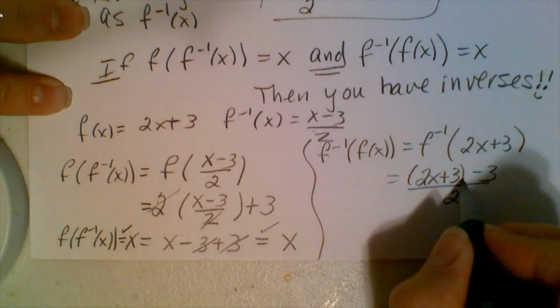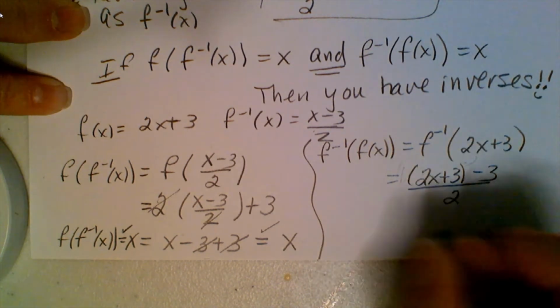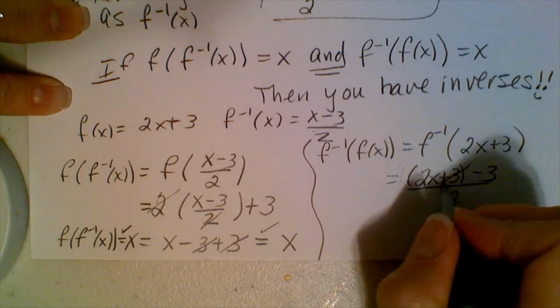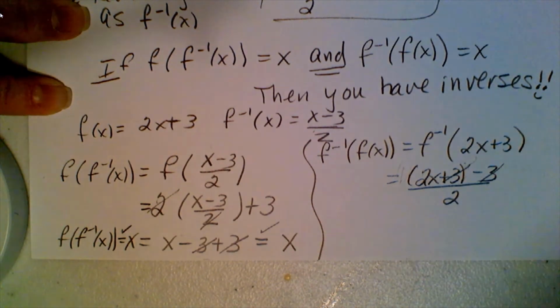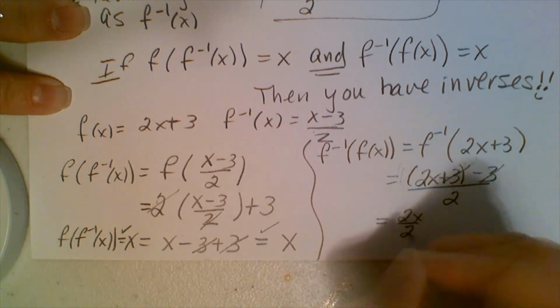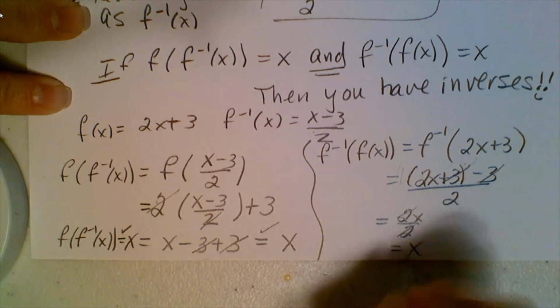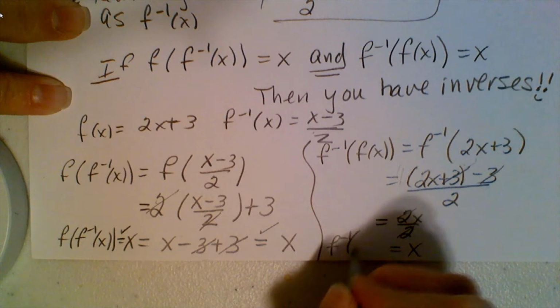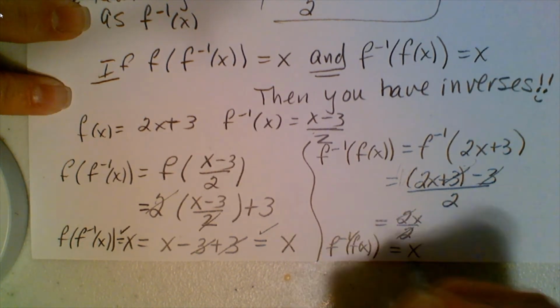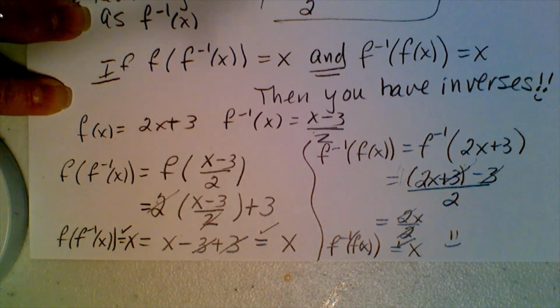These parentheses are not doing me any good. There's no exponent, no number multiplied behind, no number in front, so I can pretend they're not there. I see a 3 and a minus 3. That adds to 0. And so I'm left with 2x divided by 2. 2 divided by 2 is 1, so I'm left with x. So f inverse of f of x is equal to x. These are inverses. That's pretty much all you do.